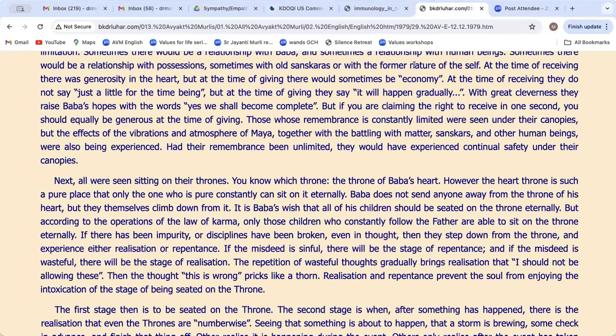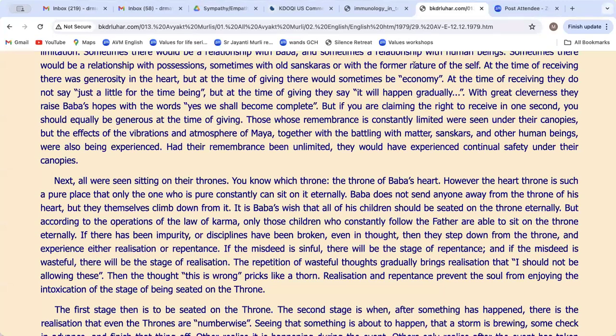This repetition of wasteful thoughts gradually brings the realization that I should not be allowing these. So gradually the repetition of the stage of realization goes into this realization that, oh, what have I done? And then the thought that, oh, this is wrong, pricks like a thorn.